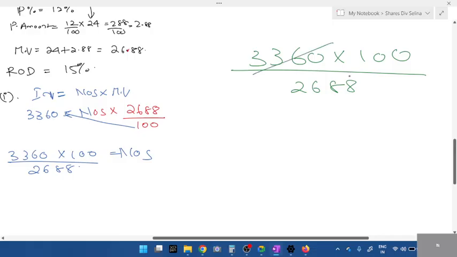If you use the 2 times table, 2 ones are 2, 2 threes are 6, 2 sixes are 12. Again, 2 sixes are 12. Here what will you get? Isn't it 840?